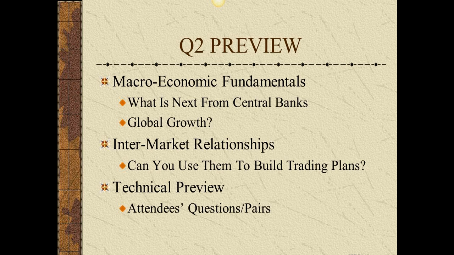Quarter 2 preview, macroeconomic fundamentals. Again, what is next from the central banks? What's next from global growth? It's been doing really, really well. Pay attention to the microeconomic data, the manufacturing data, the retail sales data, the consumer confidence, the housing data, the unemployment data. Pay attention to that because it's been doing very well over the past 6, 7, 8, 9, 10 quarters.